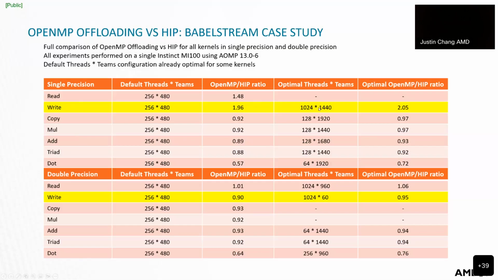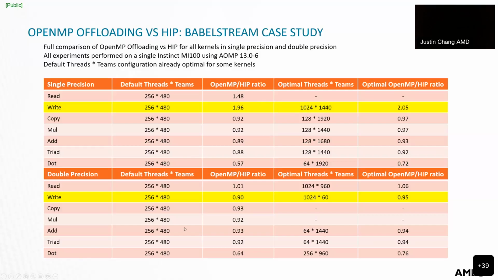We have found that just by tuning some of these threads or teams, we could actually get a pretty significant boost, especially for some operations like the dot product, where at the time the HIP performance was not very good, but we were able to get the OpenMP dot product to be slightly more competitive.